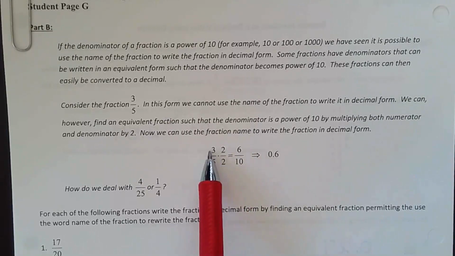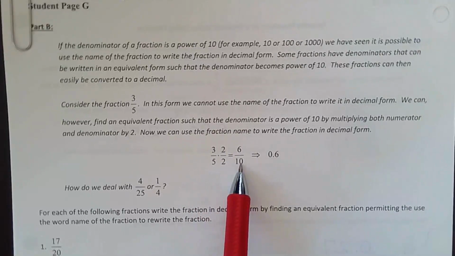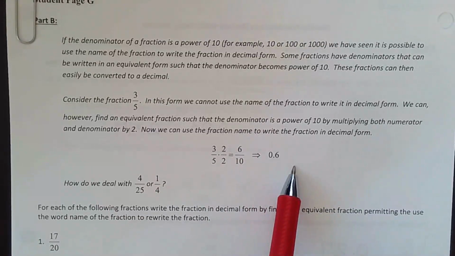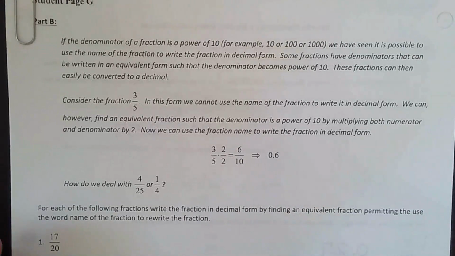And then that gives us 3 times 2 is 6. 5 times 2 is 10. 1 decimal place turns into 0.6. So our goal is to make the denominator 10, 100, or 1,000. And remember, we also talked about the ones where you can't, where you have to do long division, and that'll be in the next video.